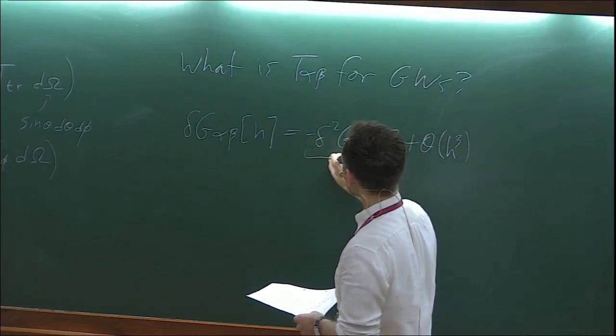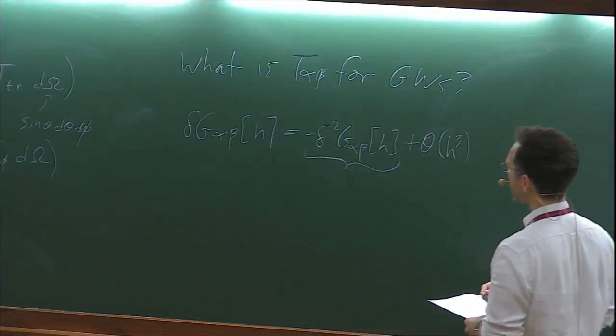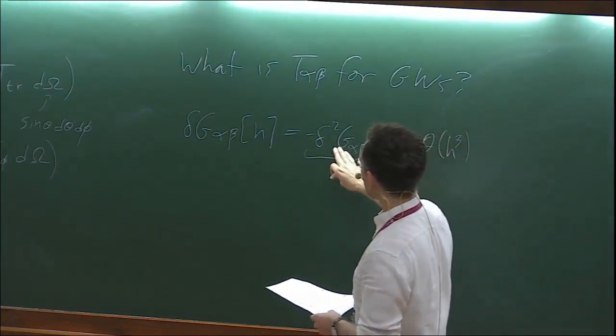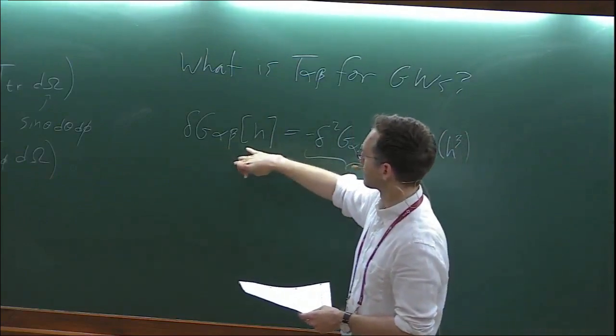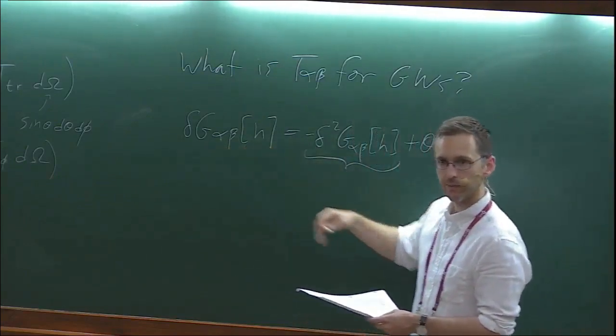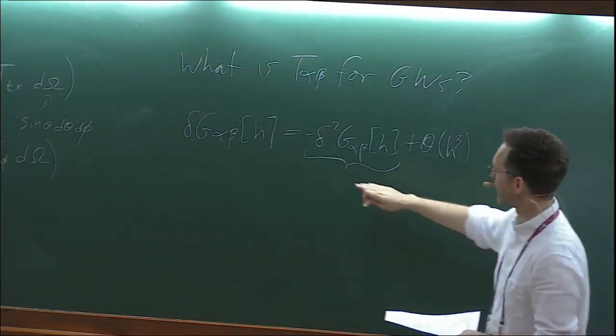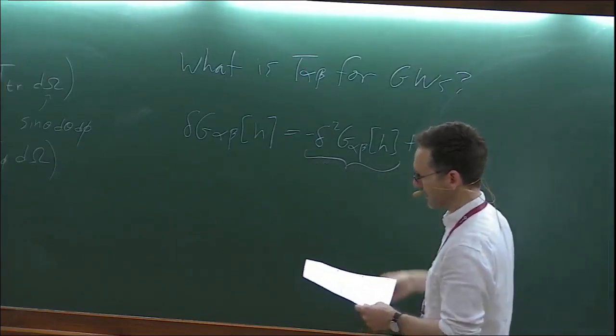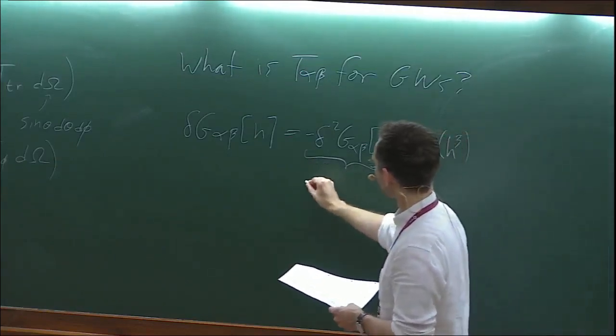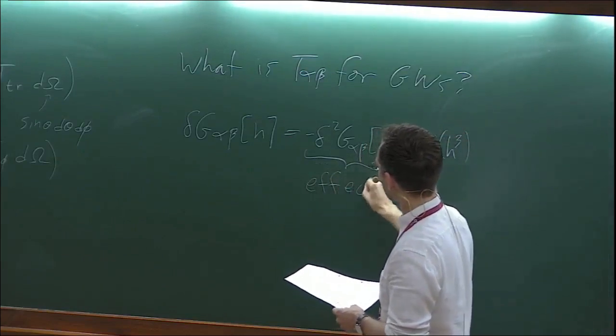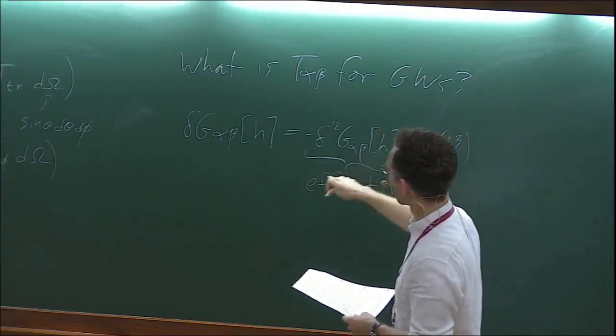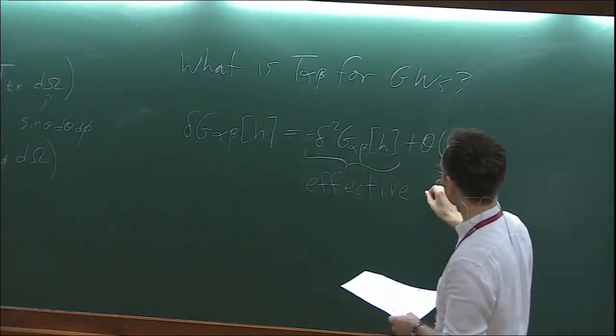So this thing here, the quadratic piece, is acting as a source for changes in the system, H. So that means we can think of this as a kind of stress energy tensor. So this is an effective stress energy. It is creating gravitational perturbations.